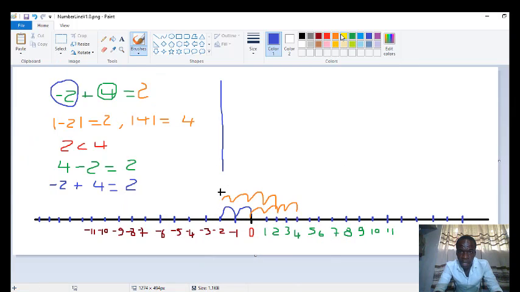Then we see the purple one here. -5 plus 3 is equal to what? Remember our step. We said that we need to find the absolute value of each number. Then we say the absolute value of 5 is equal to 5.